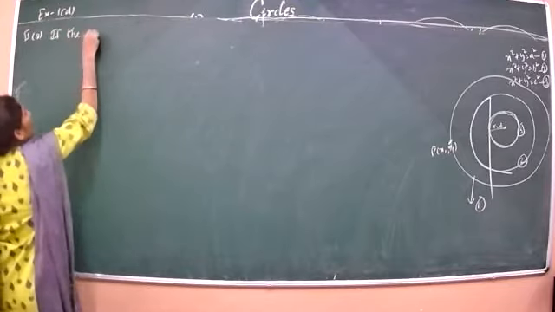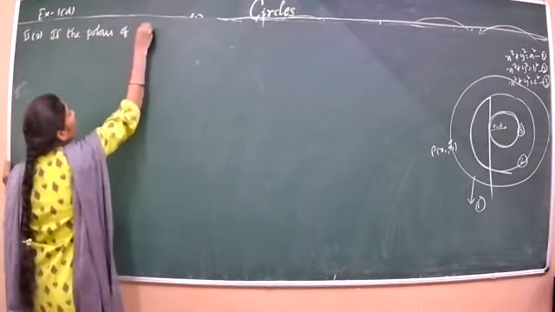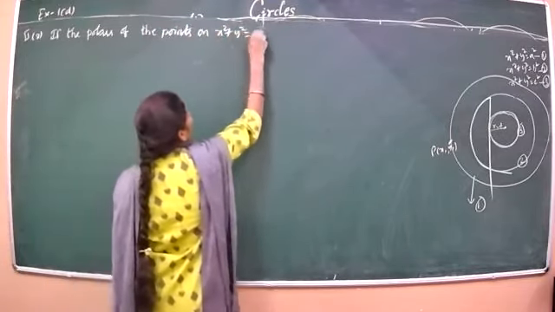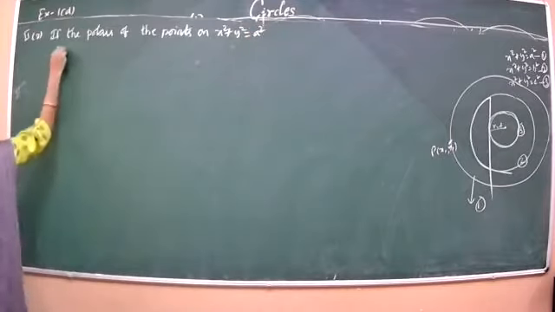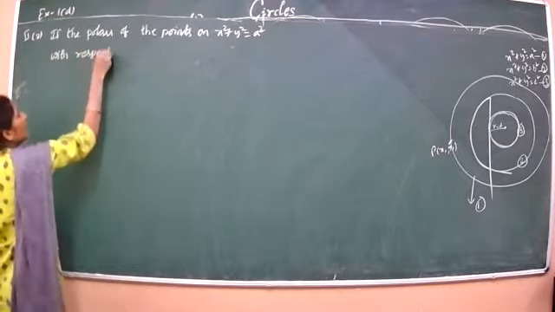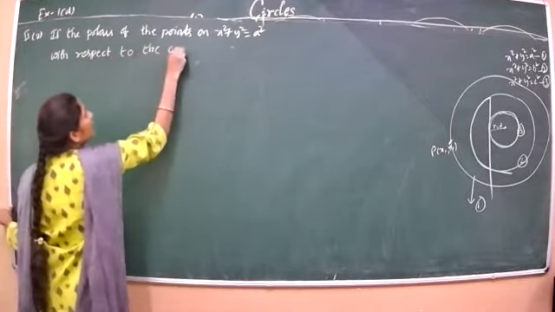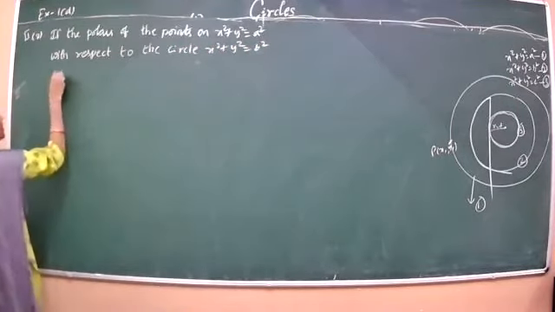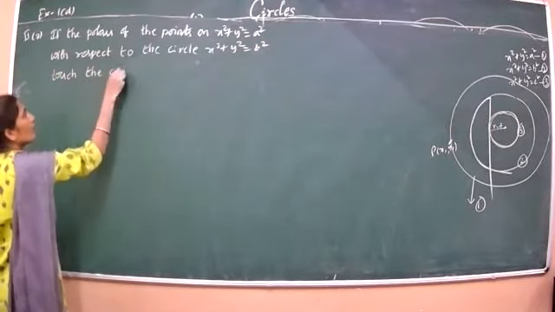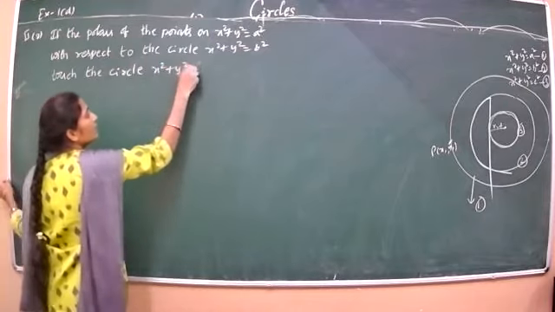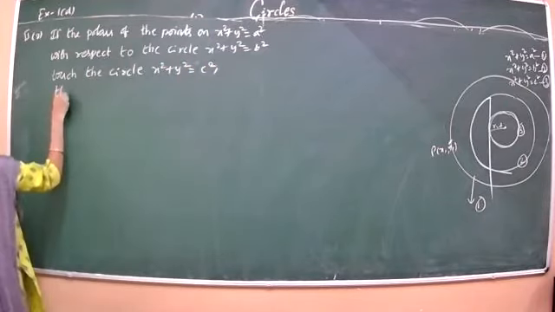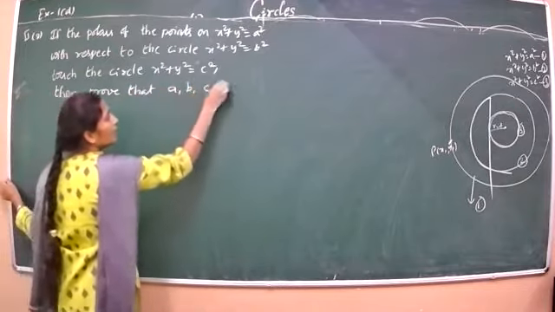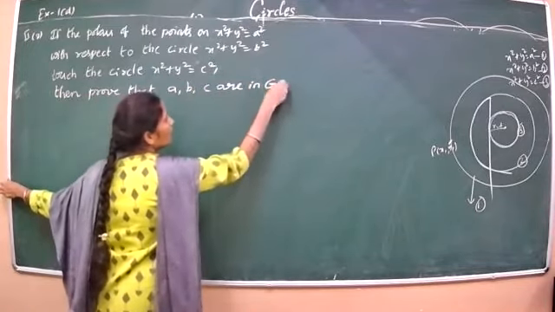If the polar of the points on x square plus y square equal to a square, with respect to the circle x square plus y square equal to b square, touch the circle x square plus y square is equal to c square, then prove that A, B, C are in geometric progression.